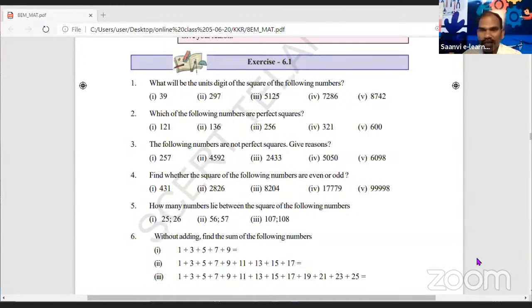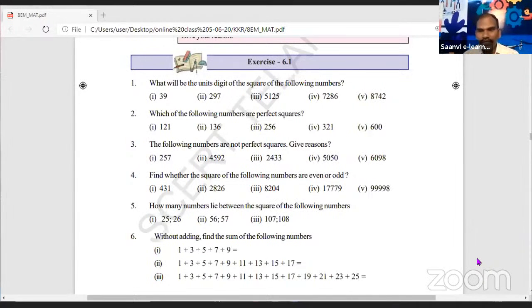Its square is odd. 99,998, even number. So its square is an even number. Remember, square of an even number is always even. Square of an odd number is always odd. Okay.